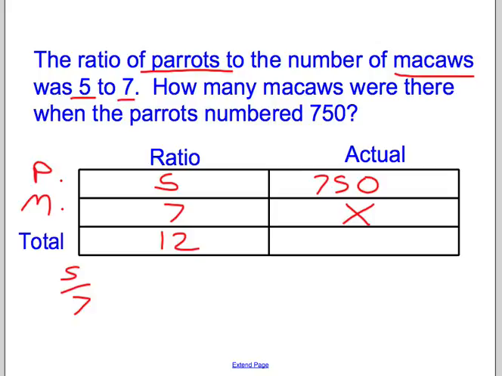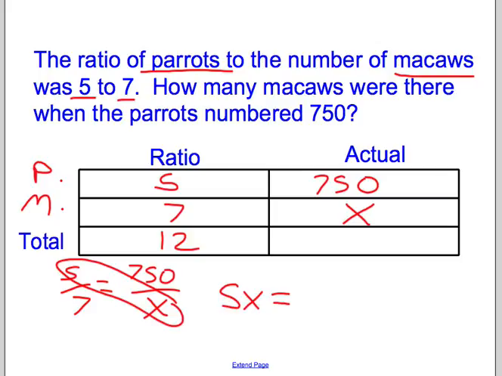We can pull it out and make it look like what we've been working on, where we have our cross product of 5x equals 7 times 750. 7 times 750 is 5,250.